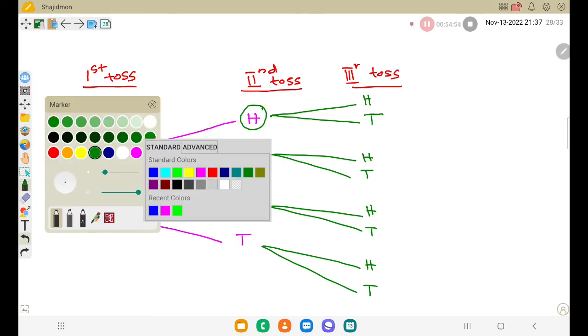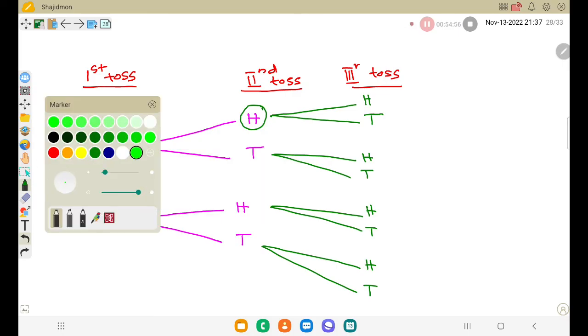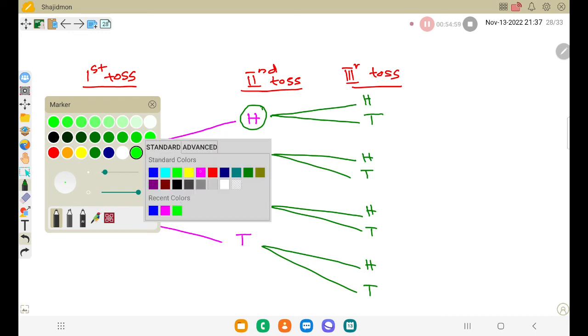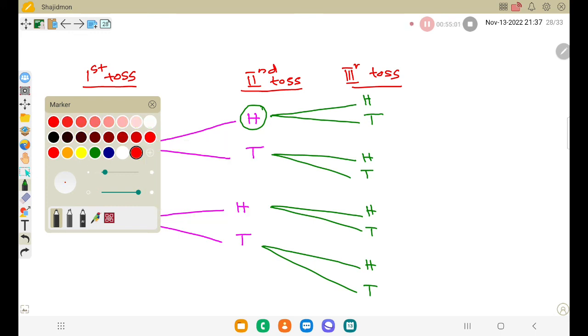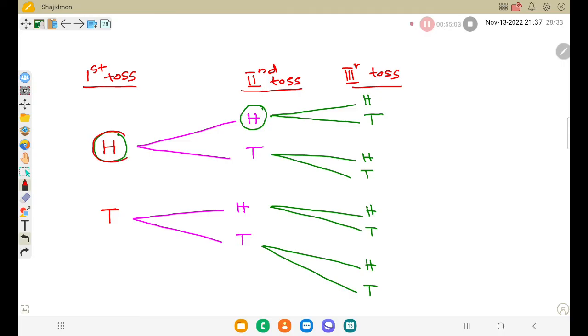You can write the outcomes now. Here you can see first head, head, head, correct? So H, H, H, this is the first outcome. Then the second: head, head, tail.